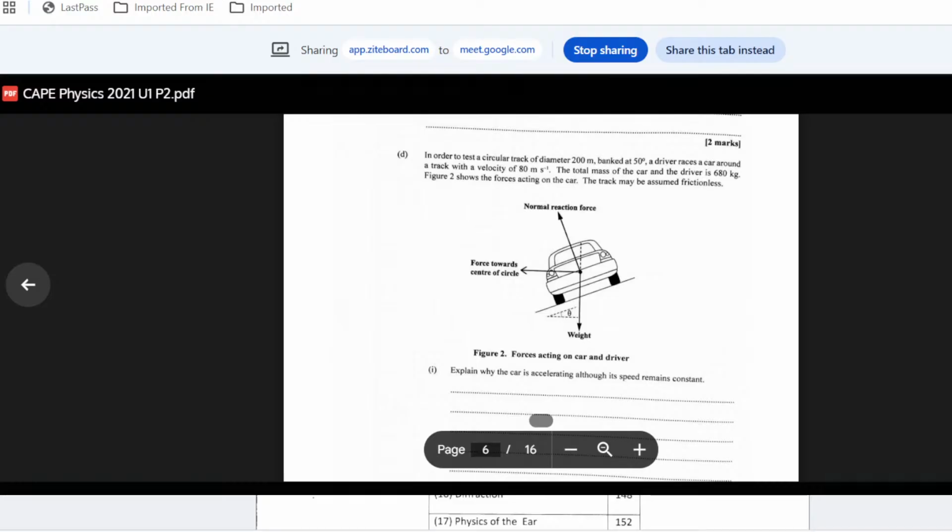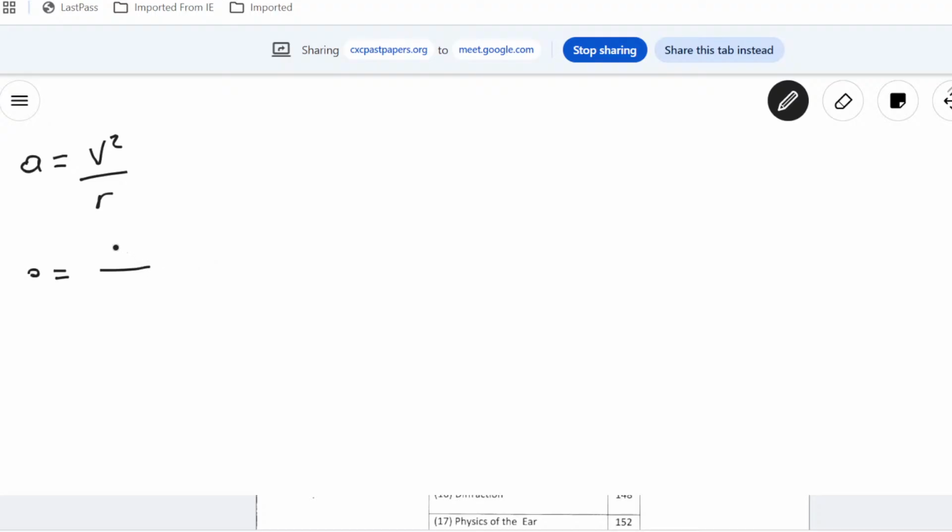Wait, the 200 in the question was the diameter or the radius? Diameter, which is why I divide by 2. Oh, okay. So yeah, it's 64. So acceleration 64 meters per second squared. Yes, sir. All right. Fine.